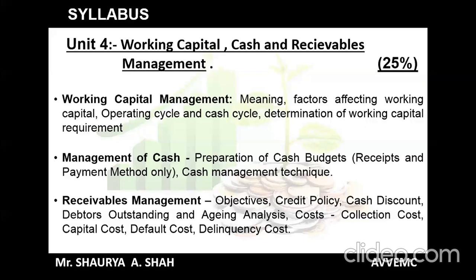Okay. Now, one more thing for you all students. When we go through the theory chapters, there will also be some practical sums. Very honestly telling you, as it is the very first year of your syllabus, the university has implemented this syllabus for the very first time in the academic year 2020-21.